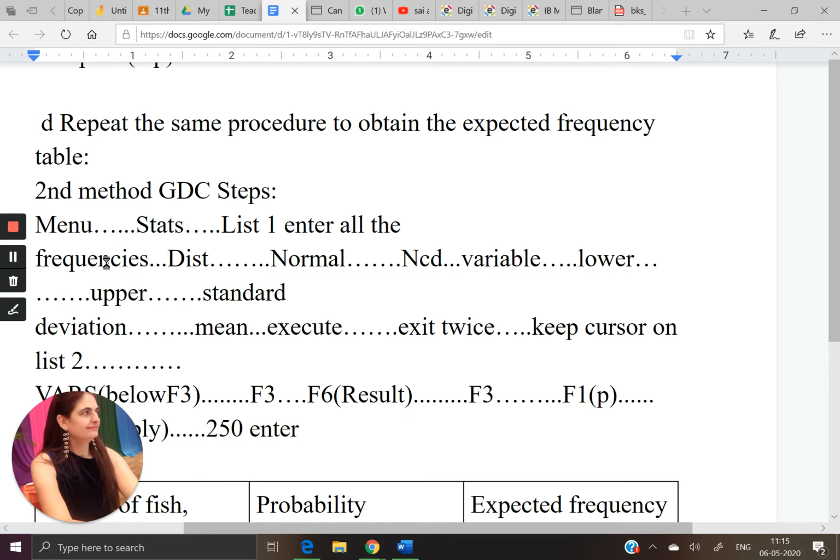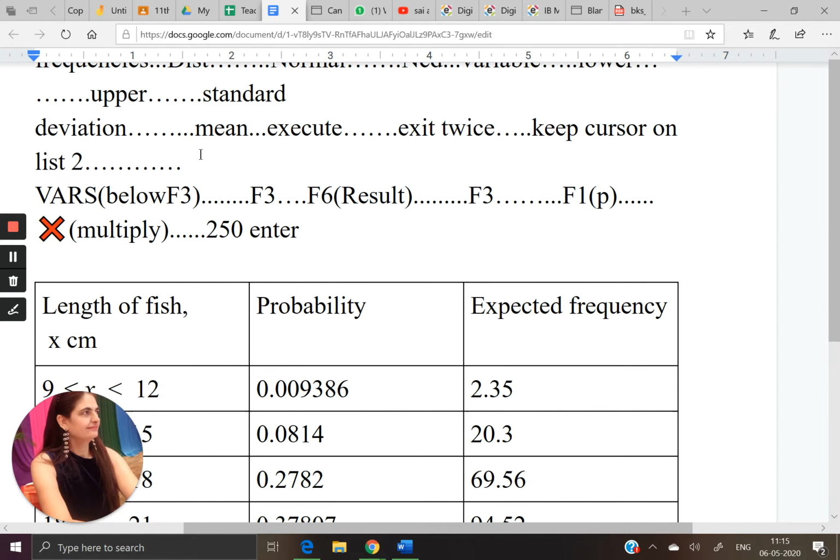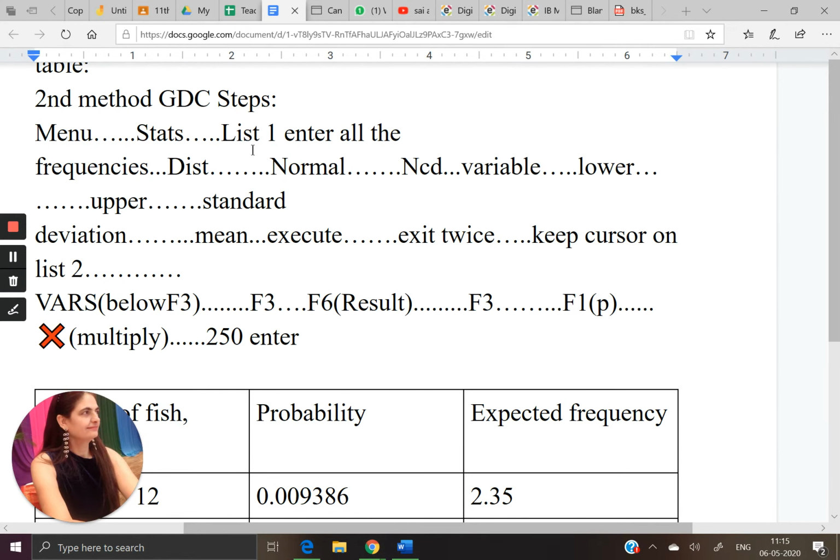For each of the frequencies now, we have to find the expected number as we did for the first one. So in your GDC, you go to menu, stats, and in list 1, you enter the frequency. Okay, the first one frequency was 5 here. So you will enter 5 in the list 1.